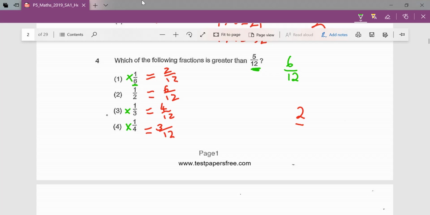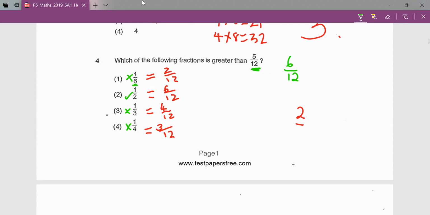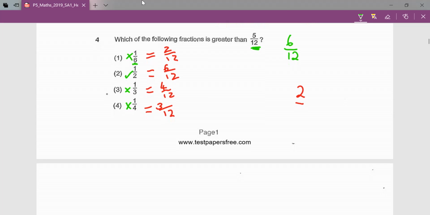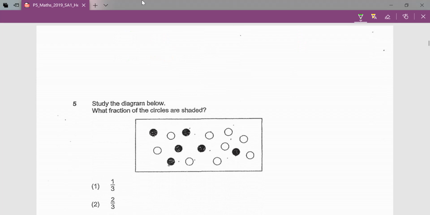Half is exactly the halfway point, which means it's bigger than 5 over 12 because half just means it's 6 over 12. So that's one way to compare it fast, looking at where the halfway point is, or borrowing your sense of proportion.